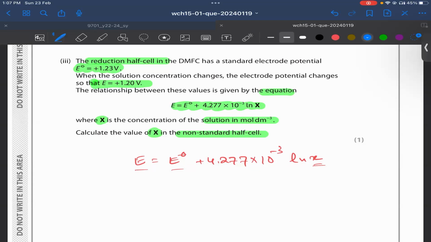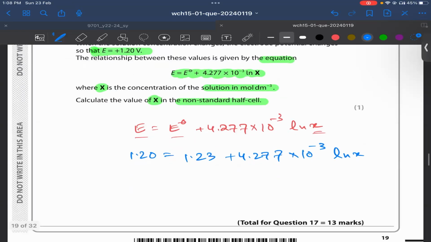We have the E value, E is 1.20, E naught is 1.23 plus 4.277 times 10 power minus 3 natural log of x. So this is equal to 1.20 minus 1.23. 1.20 minus 1.23 is equal to minus 0.03.